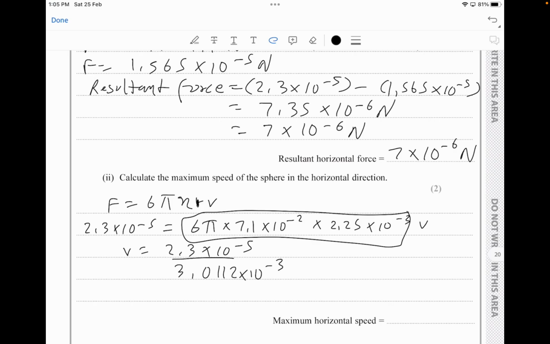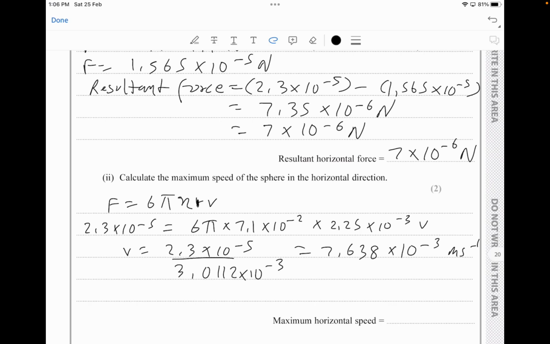Okay, so it's going to be equivalent to 2.3 times 10 raised to the power negative 5 divided by 3.0112 times 10 raised to the power negative 3. It's going to give us a value of about, let's say, 7.638 times 10 raised to the power negative 3.